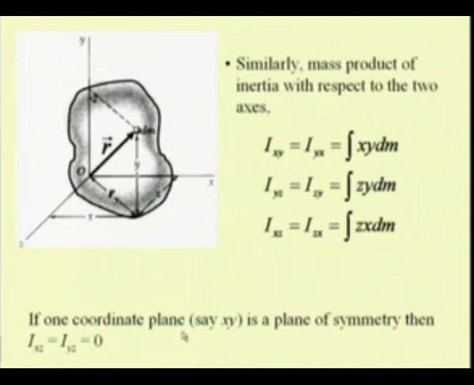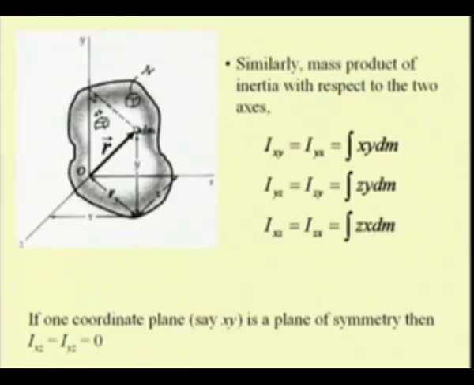If one of the coordinate planes, say xy, is the plane of symmetry, then it is possible to have two elements, one in front of this plane xy and the other at the same distance z, one on the positive z and the other on the negative z direction.